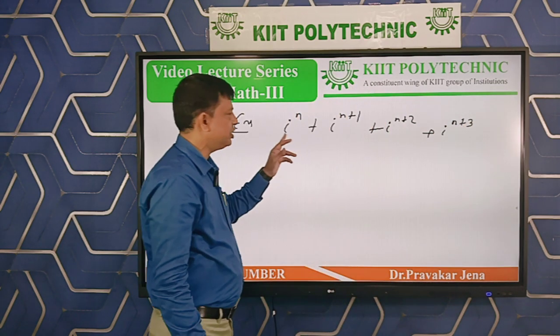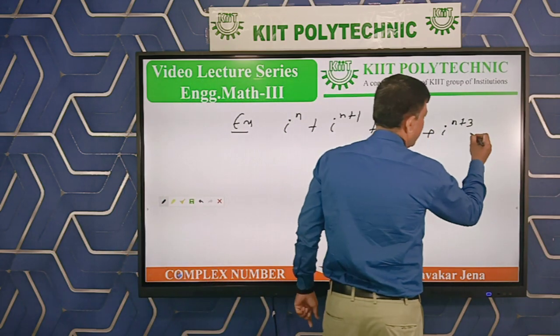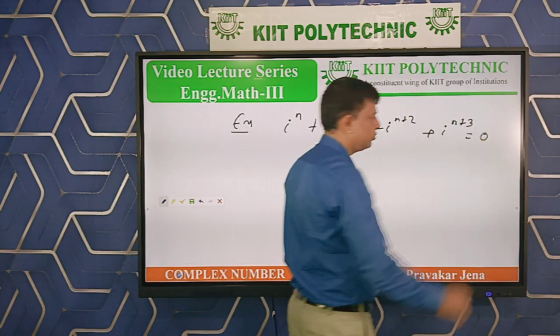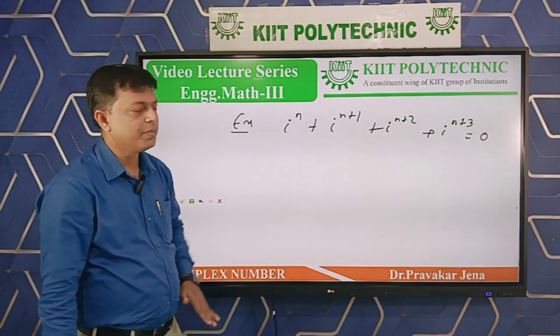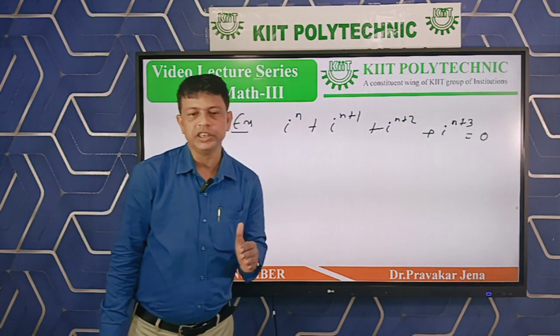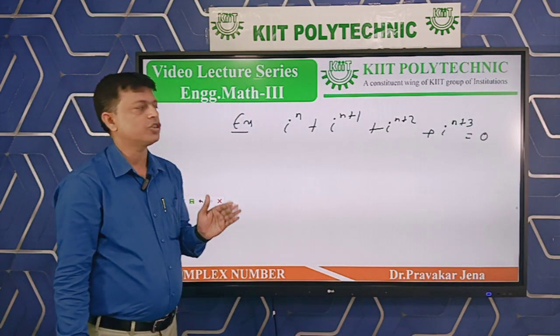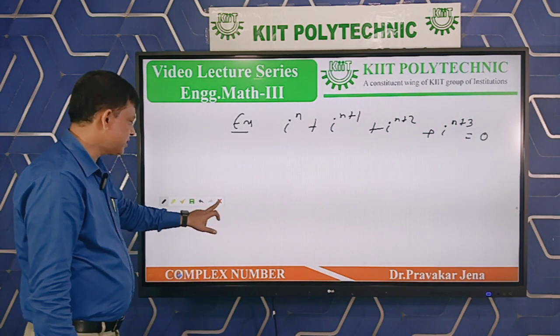That is also 4 consecutive powers, n, n plus 1, n plus 2, n plus 3, and the value will be 0, no doubt. This is very simple also. You have to remember this part: the sum of 4 consecutive powers of i is equal to 0. Okay. Now we'll go for the next.